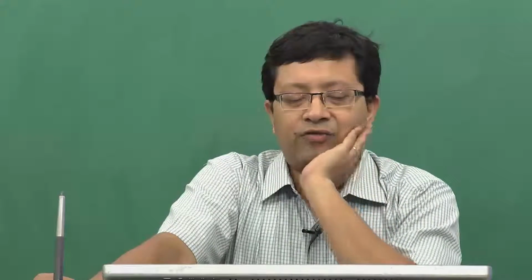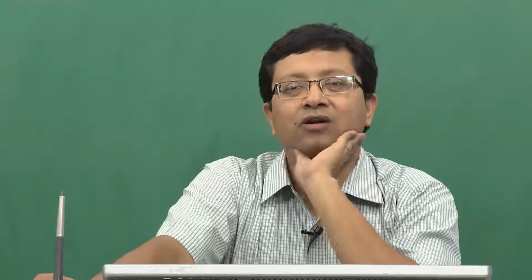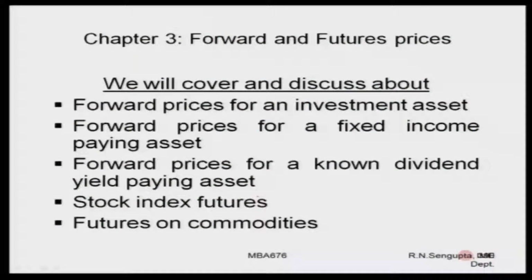Now we will consider how forward prices are calculated, for the cases when no coupons are being paid, no dividends are being paid, if dividends are being paid, or if dividends are being paid continuously compounded. Now, the words forward and futures I am using interchangeably.